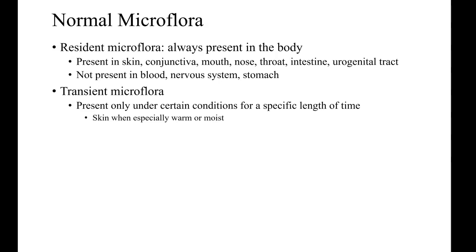And because of the harsh environment of the stomach, that very low pH, there's not a lot that will actually live in our stomach. Oftentimes, depending on what is going on with us, we could have transient microflora. So maybe under certain conditions, we might have certain microflora.